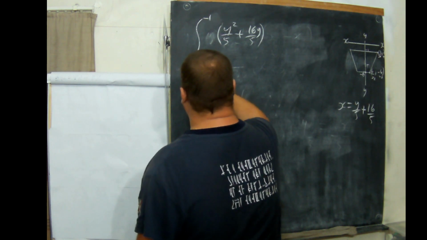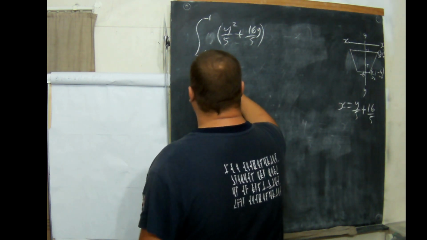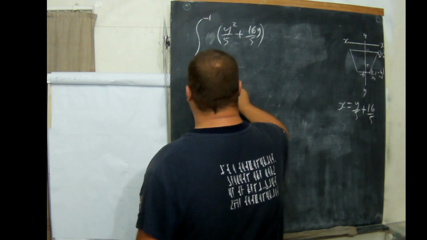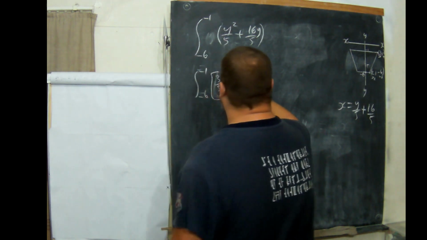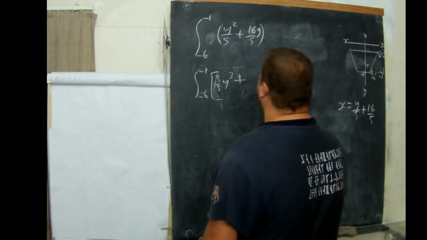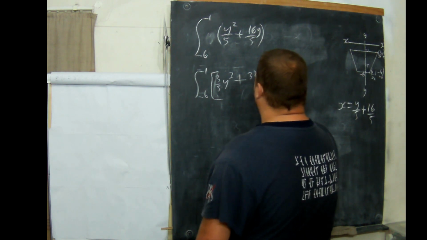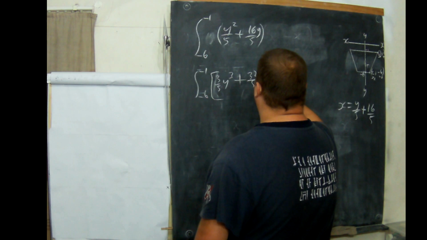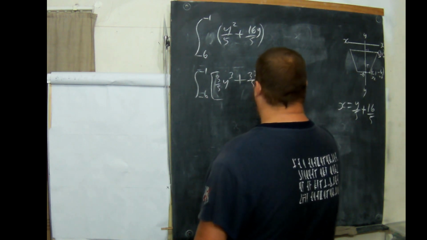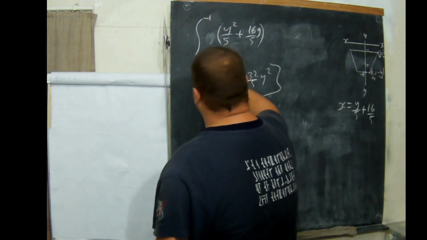So the integral of minus 1 to minus 6, 3 over 5 y cubed plus 16 over 5, that is 16 squared, 32 over 5 y squared. Okay, and we'll just take this away.